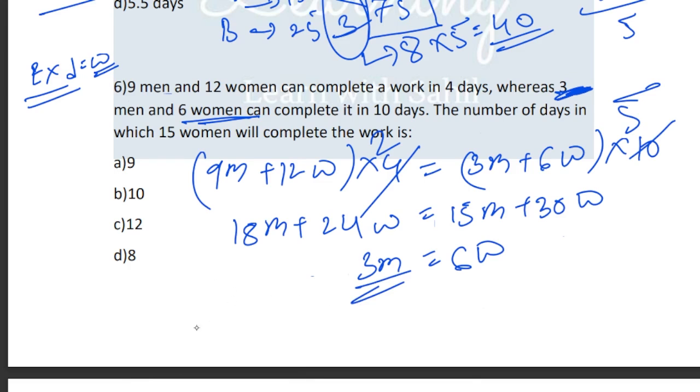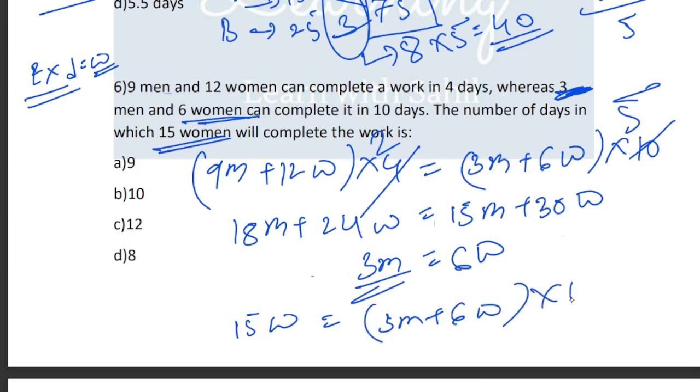Now the number of days in which 15 women can do it should be compared with any of these. So I'm taking (3m plus 6 women) multiplied by 10. Here the number of days I need, so d multiplied by 15w, and here I have 3m equal to how much? 6w, right?